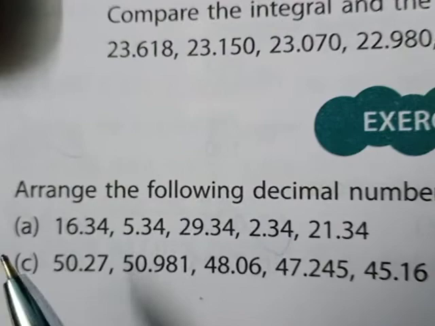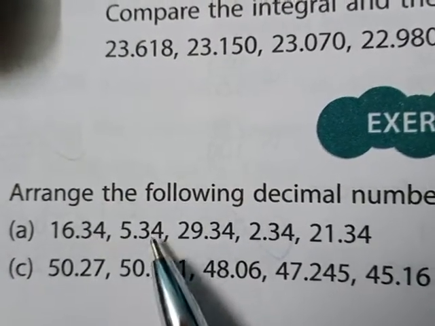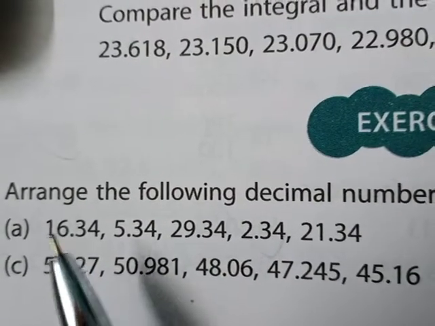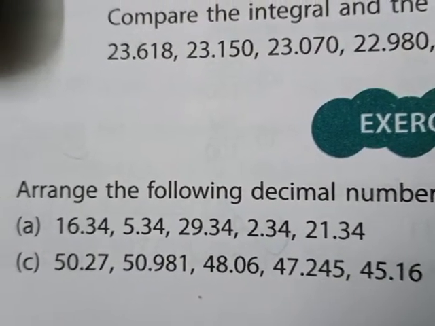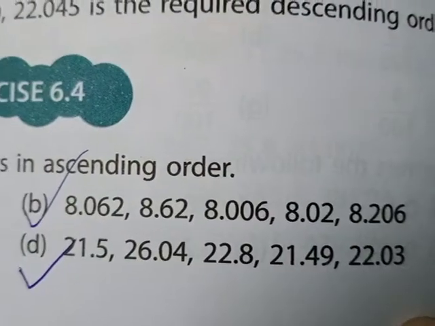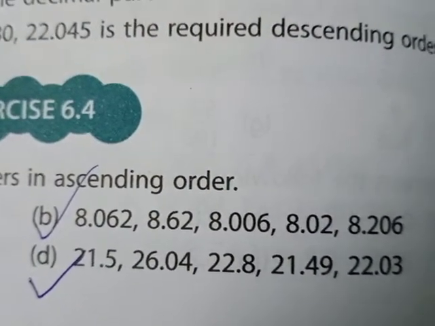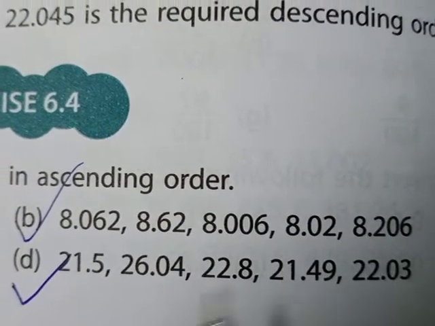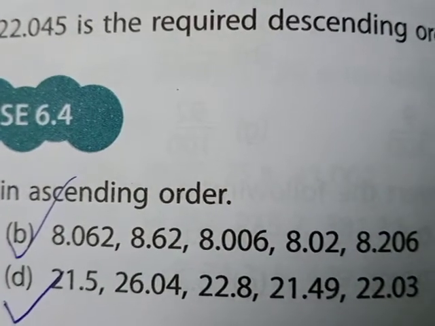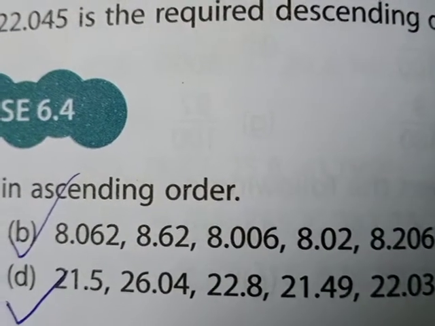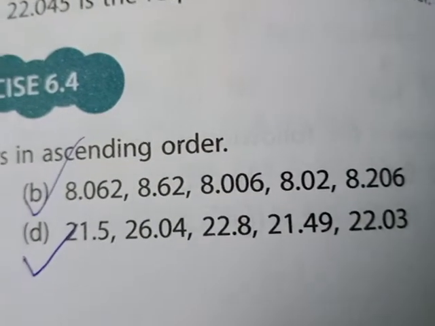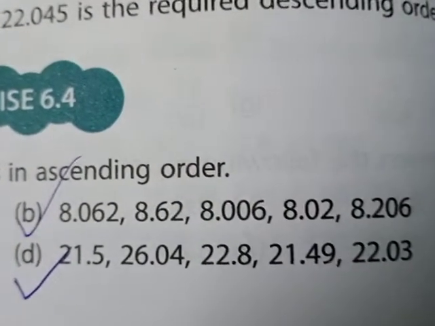So when the decimal parts are all the same, we see the integral numbers, and only in the integral numbers we'll see and write smallest to biggest. Now if you see question B in the same ascending order, the integral parts are all the same. When the integral parts are all the same, we see the decimal part.